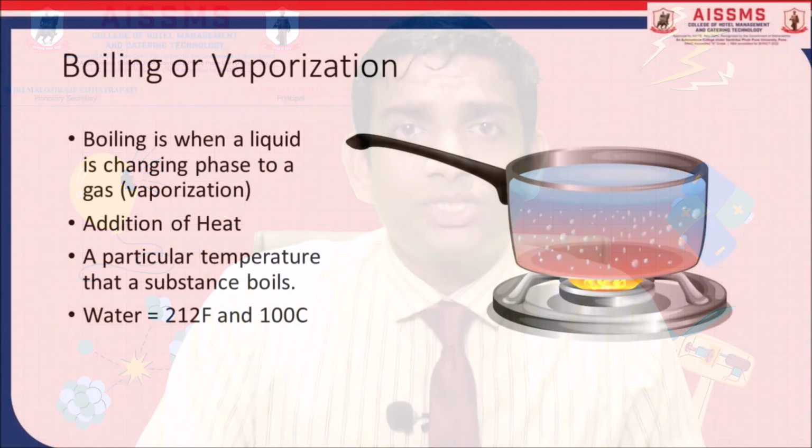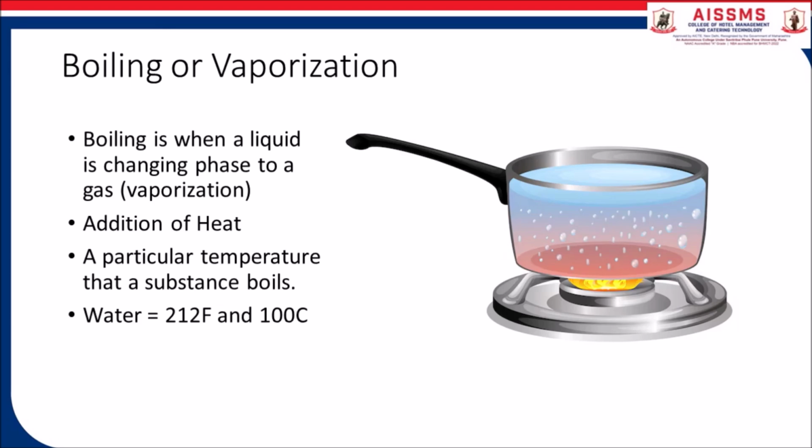Vaporization or evaporation is described as the process by which an element or a compound changes from its liquid state to its gaseous state. As an example, we consider the process by which liquid water enters the atmosphere as water vapor in the water cycle.